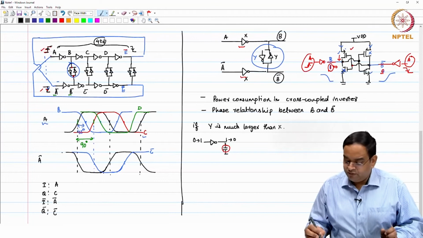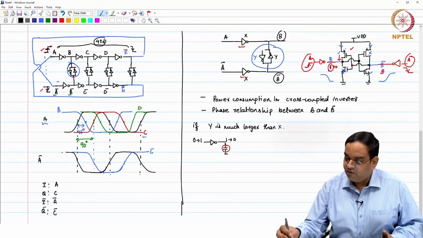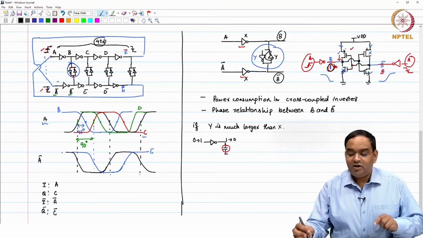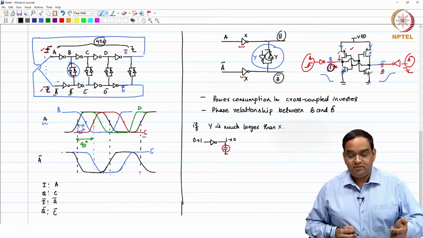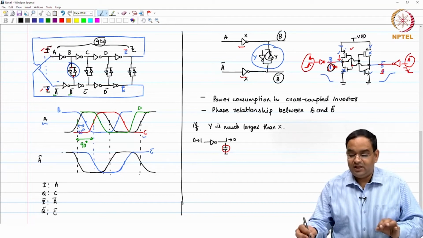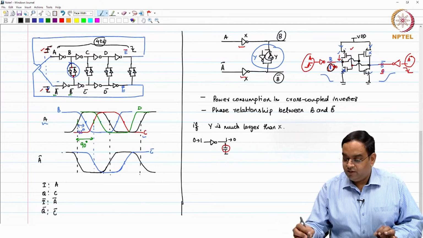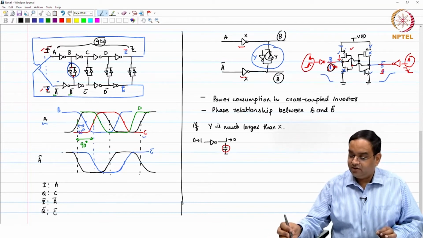But what happens when, for the same inverter, you have a circuit which opposes this transition going from 1 to 0? The other inverter opposes the transition, because it holds till the time the input of this inverter changes.